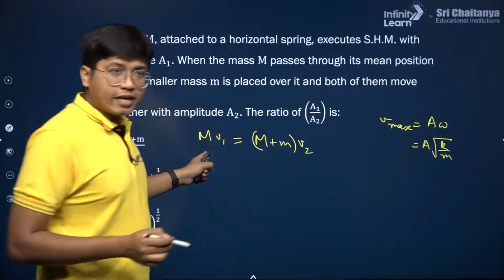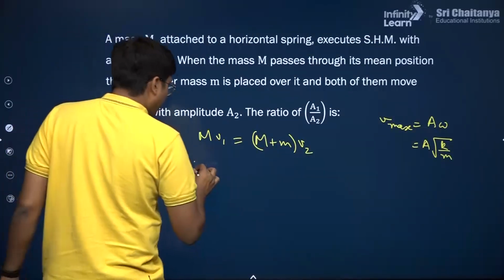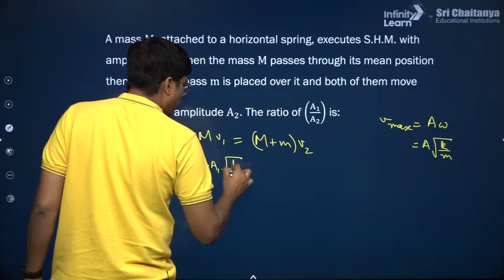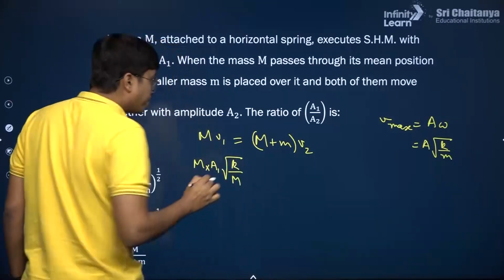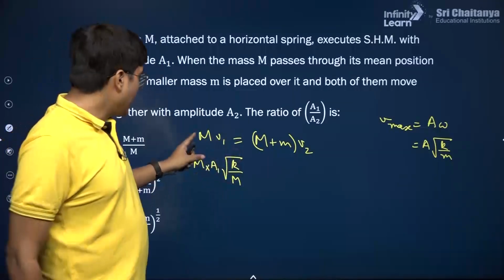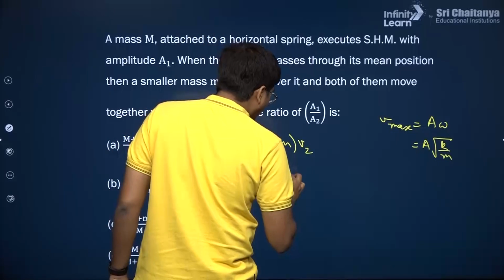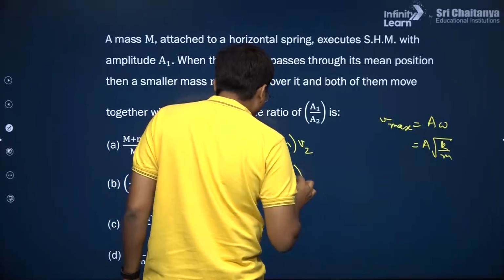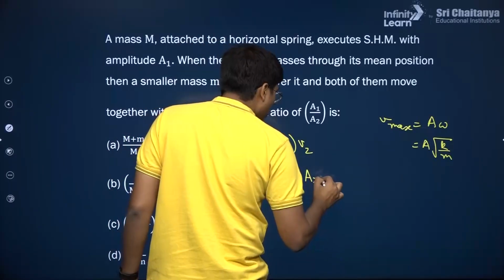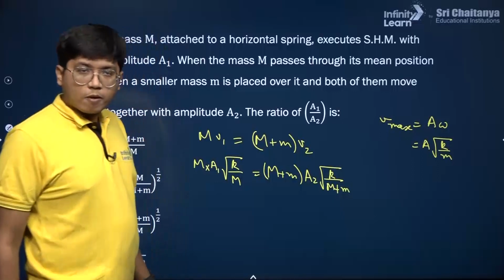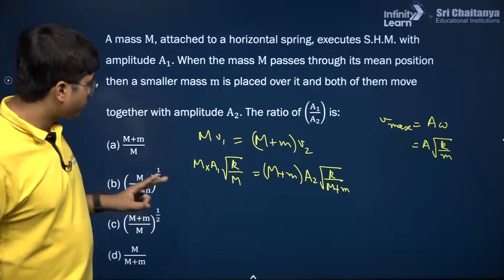In the first case, you have m into A1 into root over k divided by m, because then the mass was just m and the amplitude was A1. In the second case, you would have capital M plus small m into V2, where V2 is A2 into root over k divided by capital M plus small m, because that is the mass now.